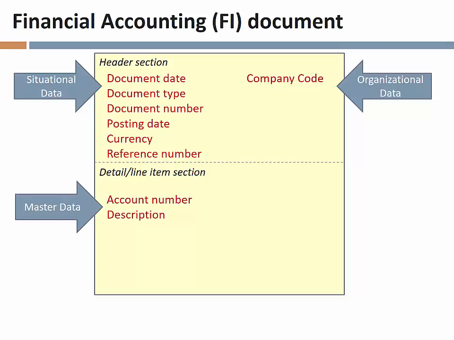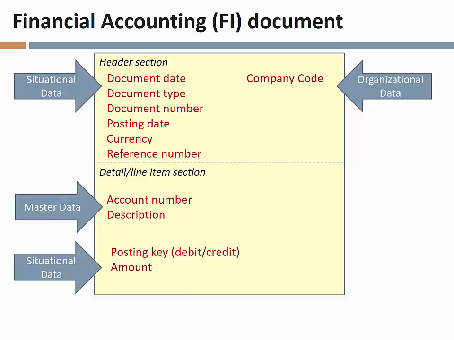But when we put the account number in and press enter, it's going to give us the textual name of that account so that we can use that as a double check. And then there's going to be what's called a posting key. Now the posting key has a number of elements of significance, but the posting key in part will distinguish whether this particular line item is a debit or credit.